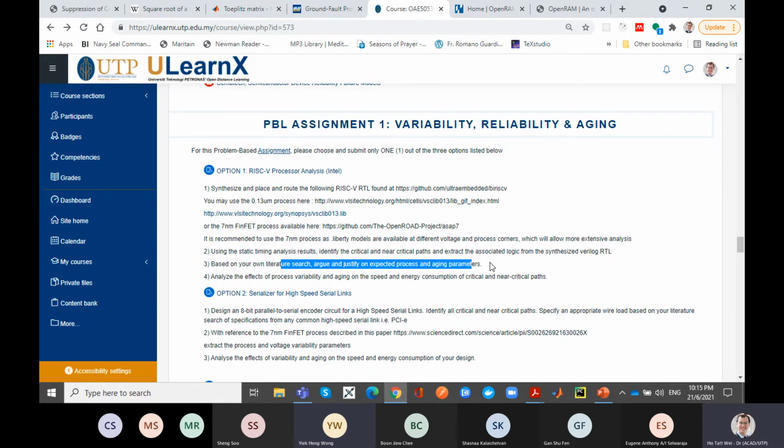We know process variation is like manufacturing variation, so I don't think we are able to see it in our simulation. I am not clear about this question. What should we do?